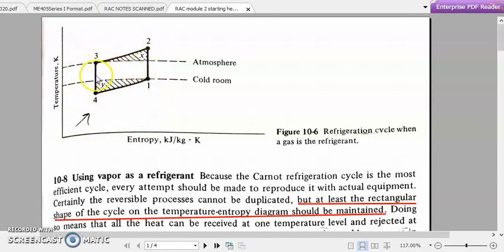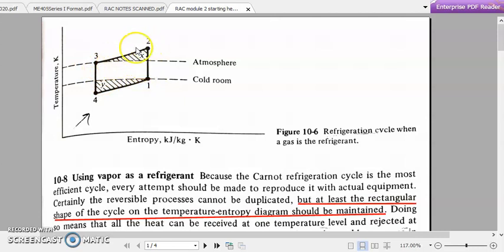When we consider the shape of the Carnot refrigeration cycle, which is a rectangular shape, here when we are considering air as the working fluid, or simply a gas as the working fluid, additionally we are seeing some additional area like this shaded area. This shaded area, the above area is marked X and the bottom area is marked Y. These X and Y areas we are getting in addition to the rectangular shape of the Carnot refrigeration cycle.